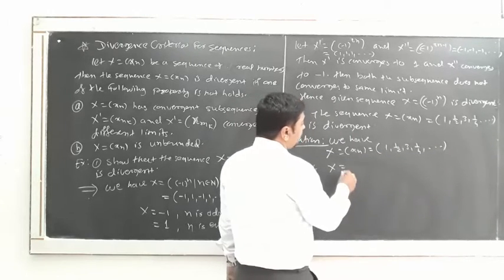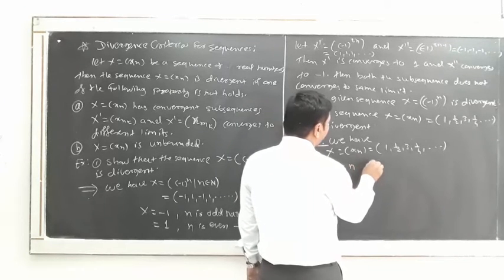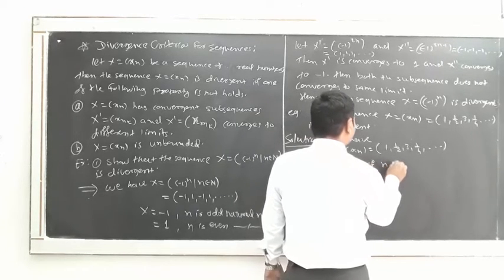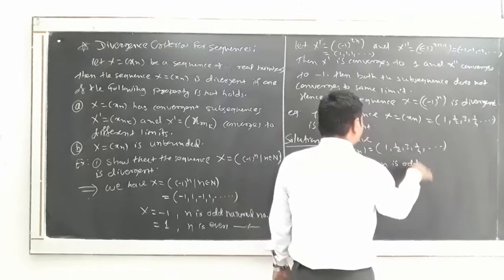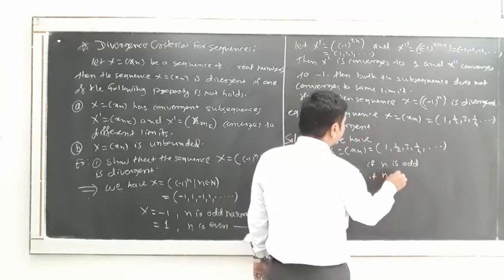That is, it is equal to n if n is odd, and it is equal to 1 upon 2n if n is even.